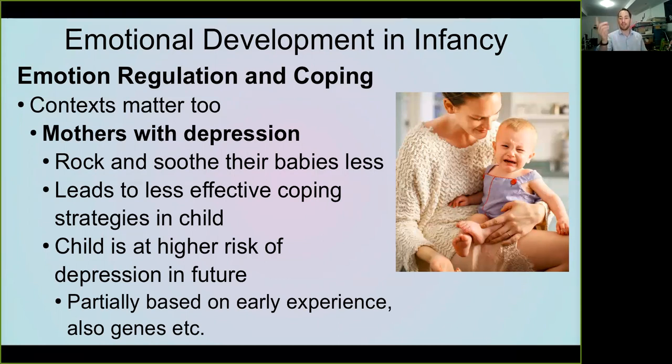And that can lead to more downward spirals. If they're not soothing, the baby's not learning to regulate their own emotions well. That leads to less effective coping strategies. It makes the child more at risk for depression in the future. And that's partially based on the child's experience. It's also a little bit based on genes as well. So that's nature and nurture, both of those things.